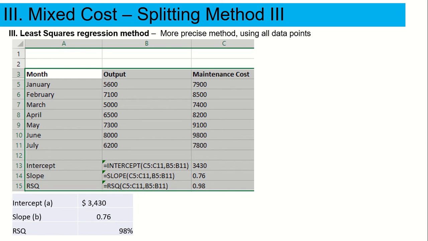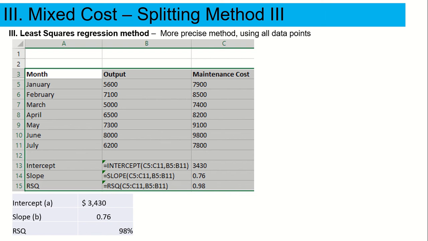Slope, which is going to be your variable cost, the formula for that in Excel will be equal to SLOPE, bracket, the same range of data set, that is C5 to C11, comma, B5 to B11, which will give you the variable cost of 0.76 per unit. RSQ will give you the level of precision of your estimation, which in this case comes to 0.98, or 98%.